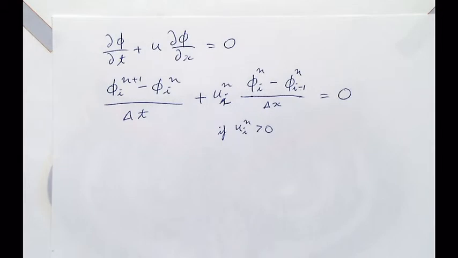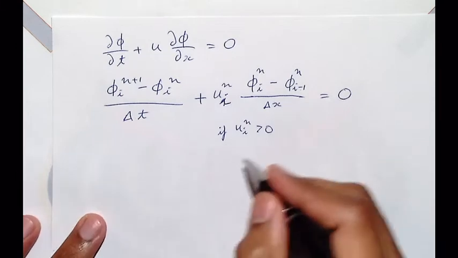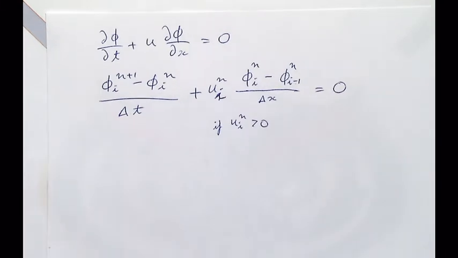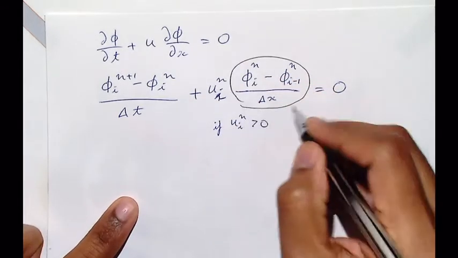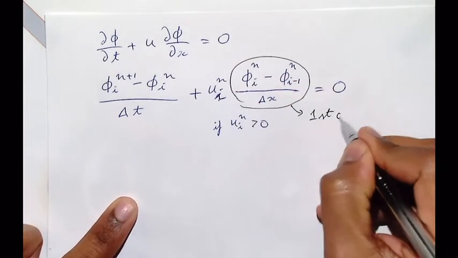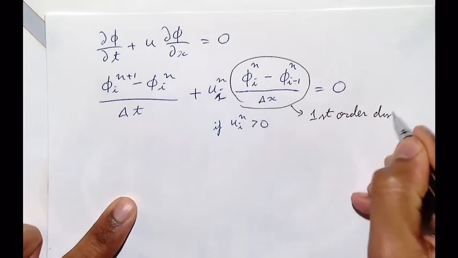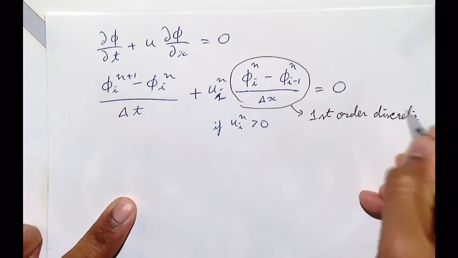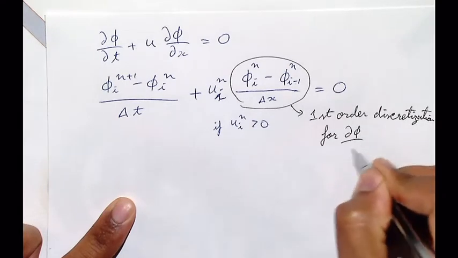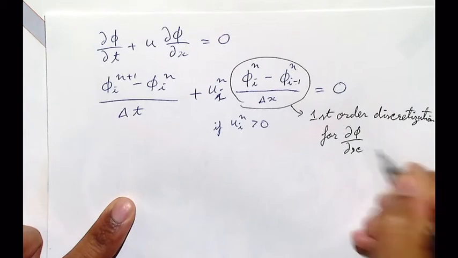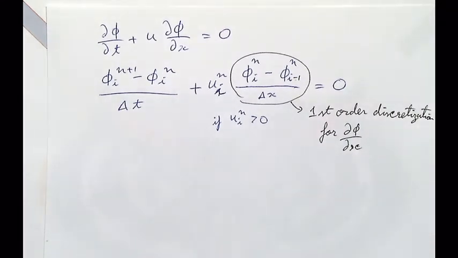Is this the only possibility? This is the first order discretization for del phi by del x. Am I limited to using this? No, you could go the other way.